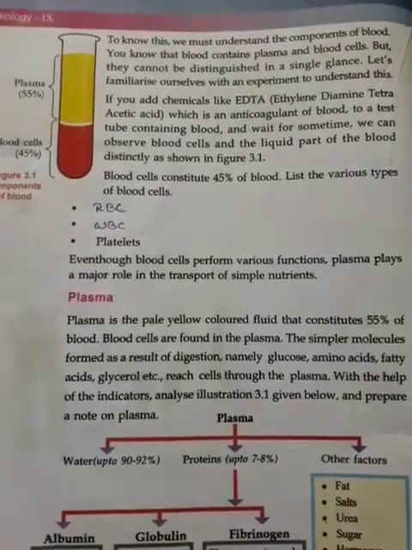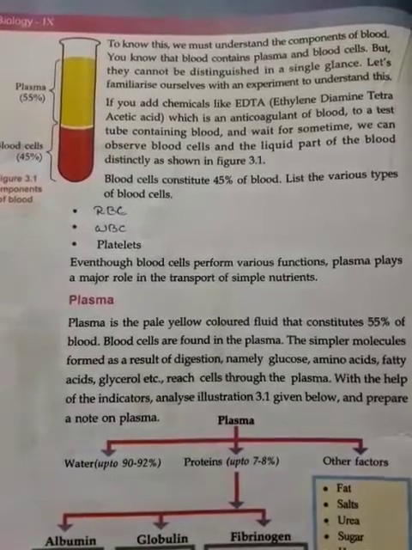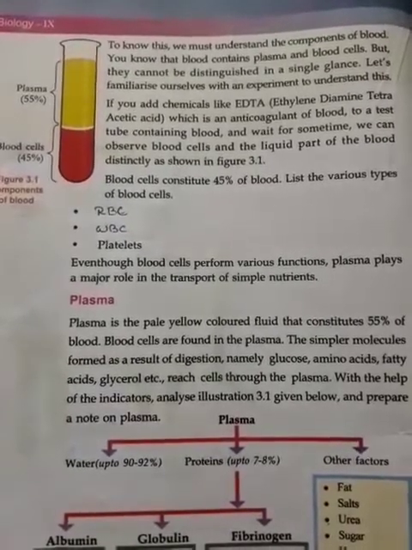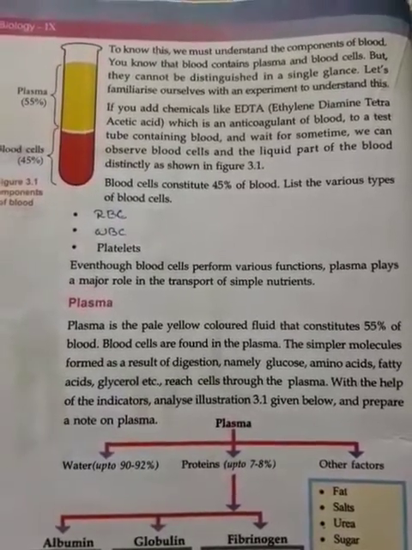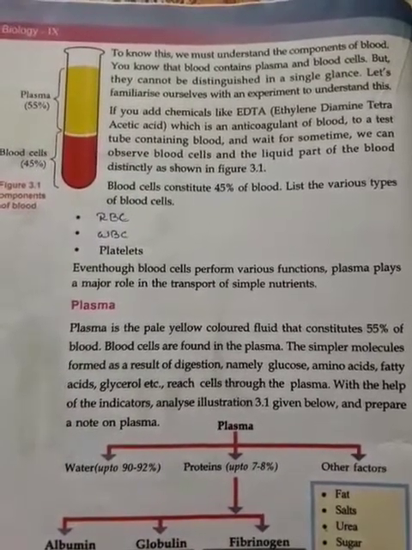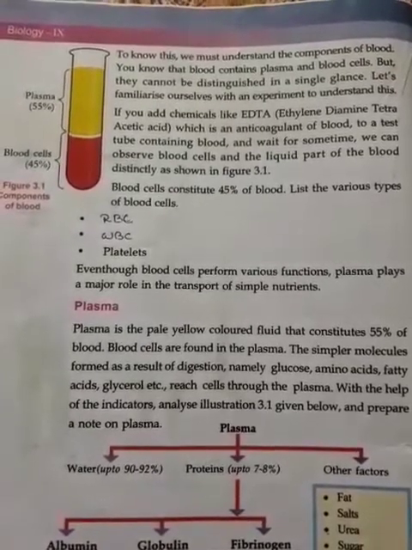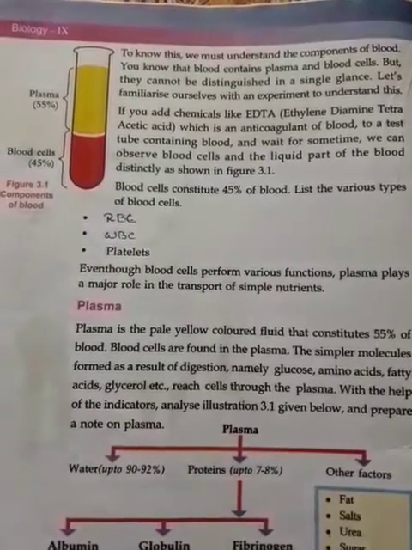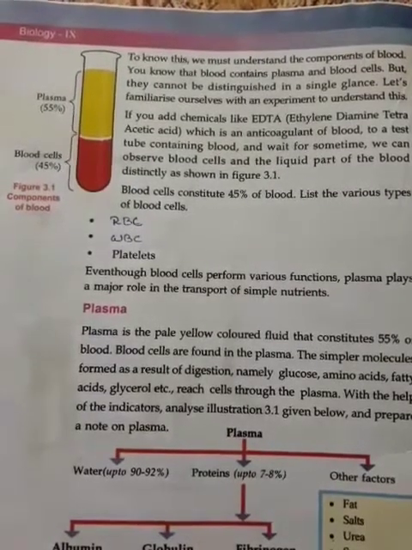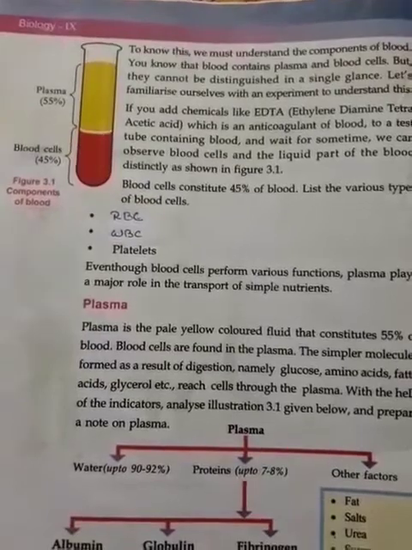A chemical like EDTA, ethylene diamine tetraacetic acid, prevents coagulation of blood. In a test tube that contains blood, after some time the blood cells and the fluid part can be seen separately.